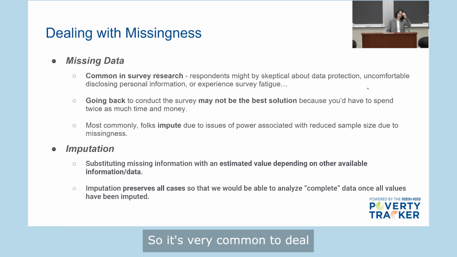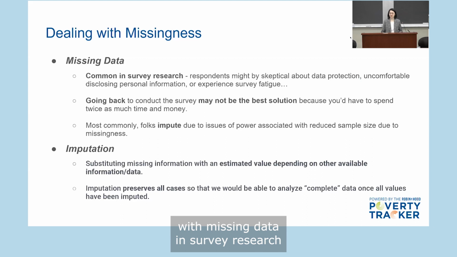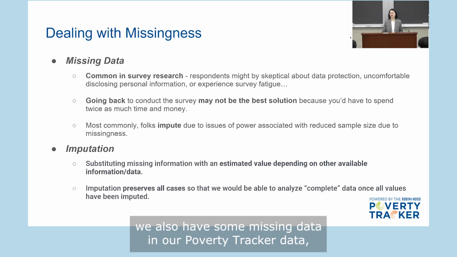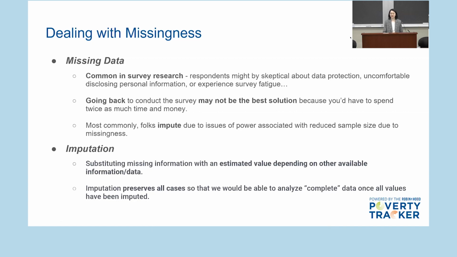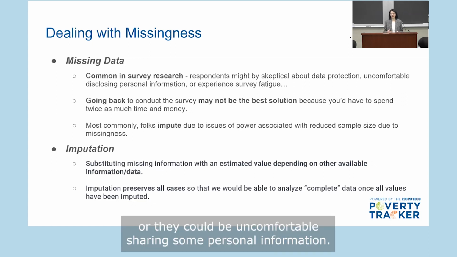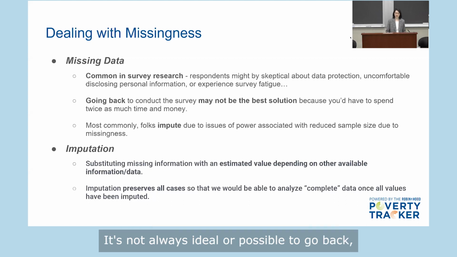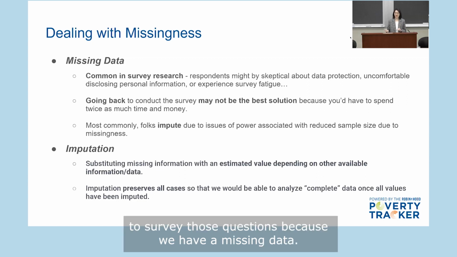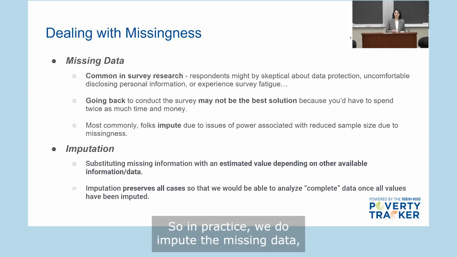It's very common to deal with missingness in survey research, and like a lot of other surveys, we also have some missing data in our Poverty Tracker data. That could be because of different reasons. For example, the respondent could be worried about data security, or uncomfortable sharing some personal information. In practice, it's often not ideal or impossible to go back and survey those questions again, so a lot of times we impute the missing data.